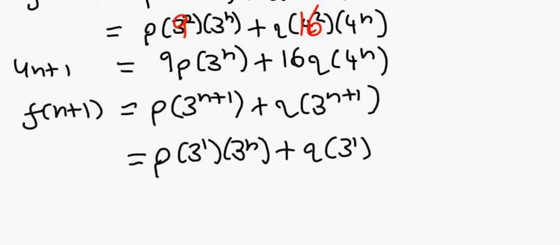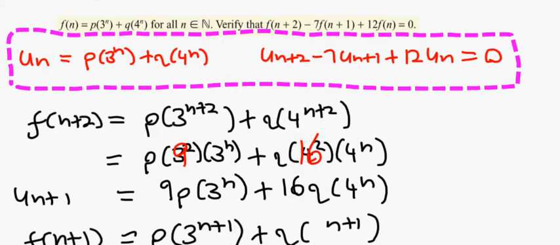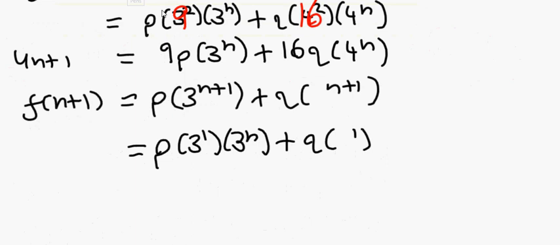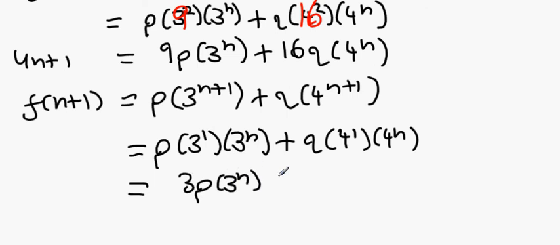Oh, sorry, it's not 3 to the power of 1, that one's 4 to the power of 1. Just make sure you don't become complacent, because you don't want to give away easy marks. It's 4. Okay? So that's going to be 4 to the power of 1, 4 to the power of n. And this will become 3p 3 to the n plus 4q 4 to the n.